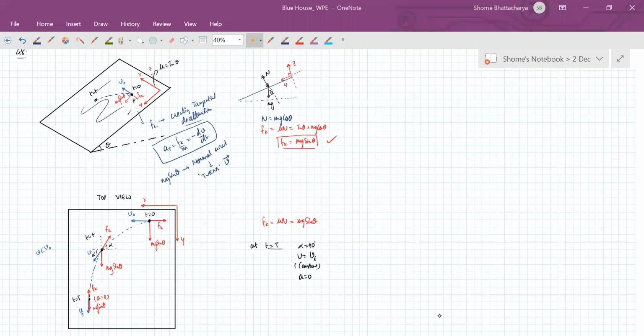Okay, so the diagrams are clear, I hope. Now let's see how we'll solve this thing.